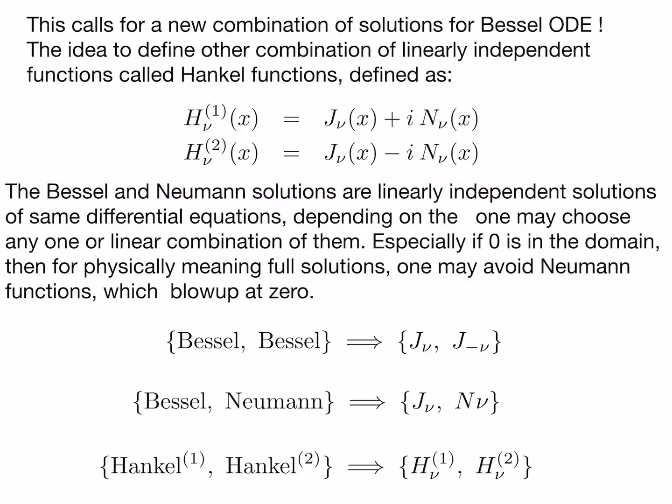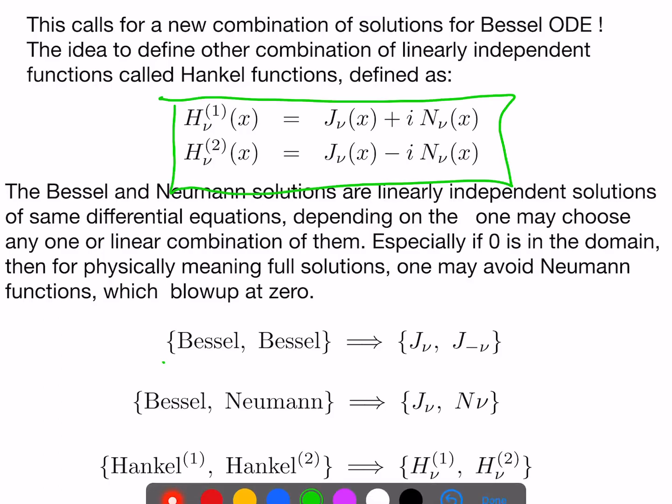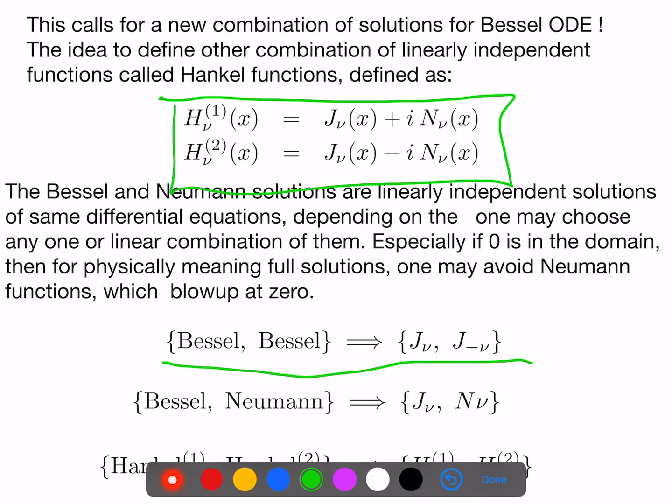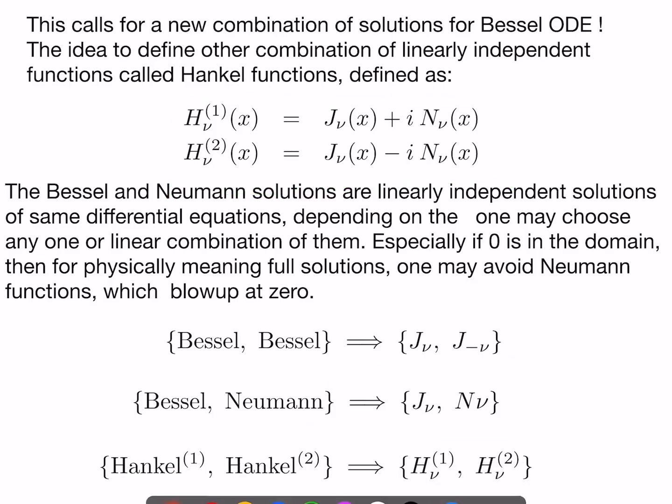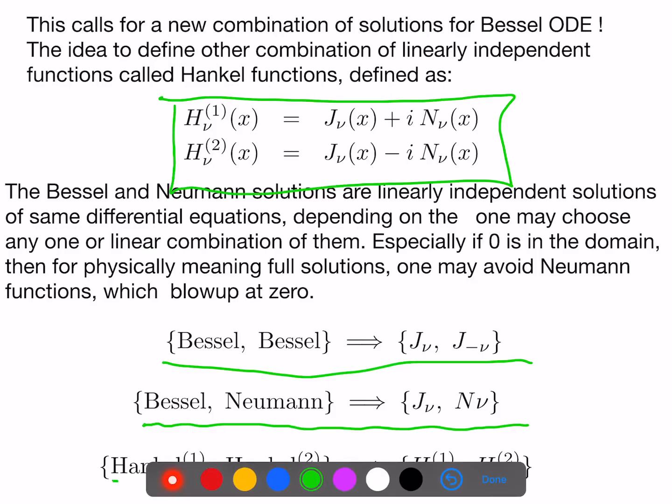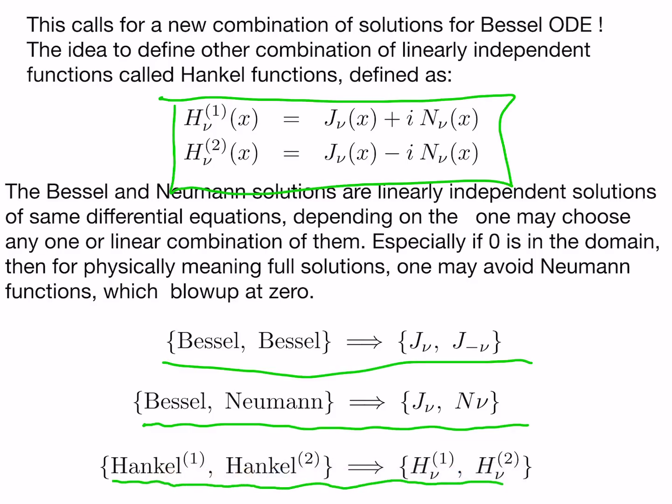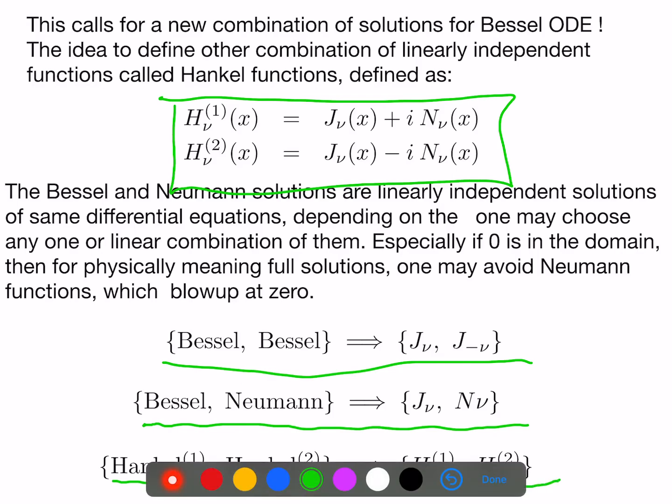In short, for the solution to Bessel equation, currently we have various combinations. One is a Bessel function with nu and minus nu. Sometimes those combinations are useful. Sometimes Bessel and Neumann functions are useful, and sometimes you can use Hankel function 1 and 2.